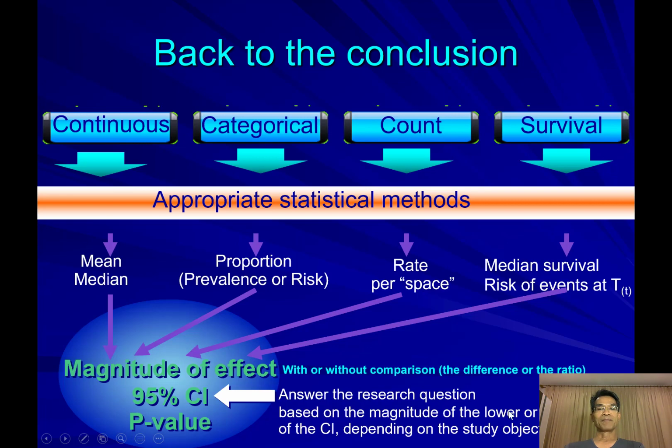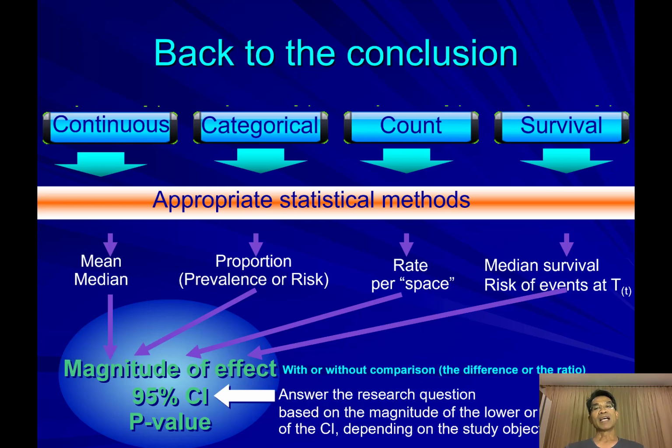Here are just the most common methods that I mentioned. So the magnitude could be with or without comparison. A single measurement like prevalence, incidence, mean, or whatever, or the mean difference, the ratio, the rate difference, or whatever.